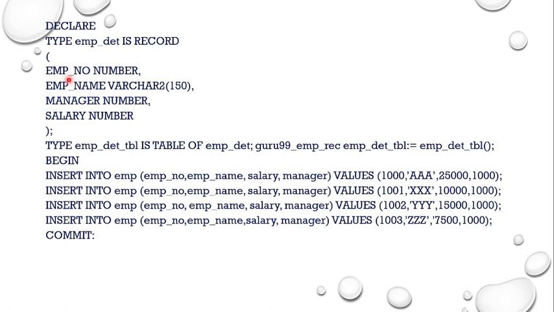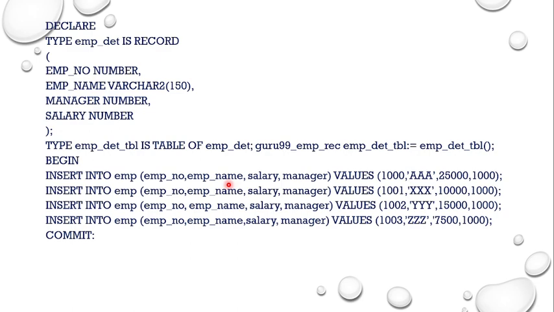And I am going to create a type employee_detail_table IS TABLE OF emp_dat. Then I'm writing the INSERT INTO employee VALUES, with values like 1000 and a name, a number, giving the salary and manager number and information, followed by all the data. At last I'm completing with the COMMIT here.